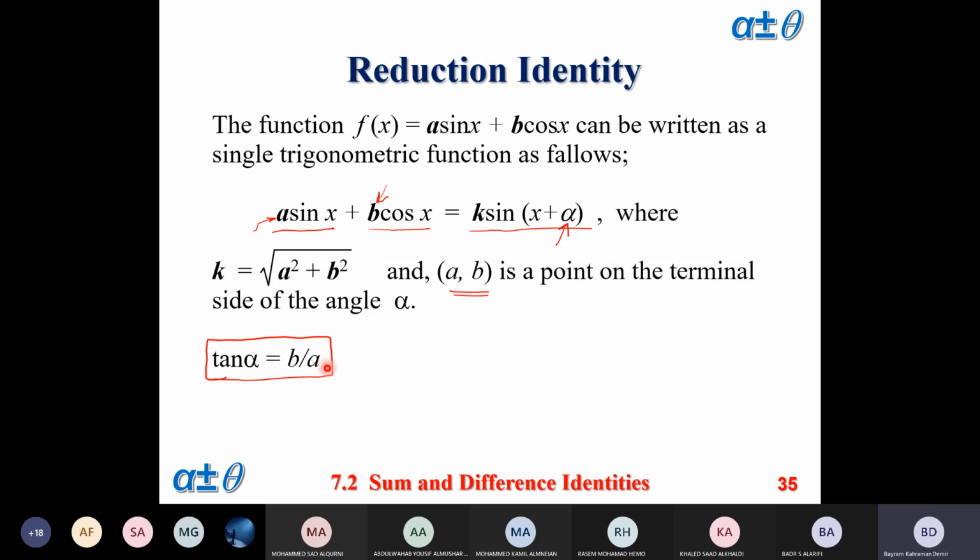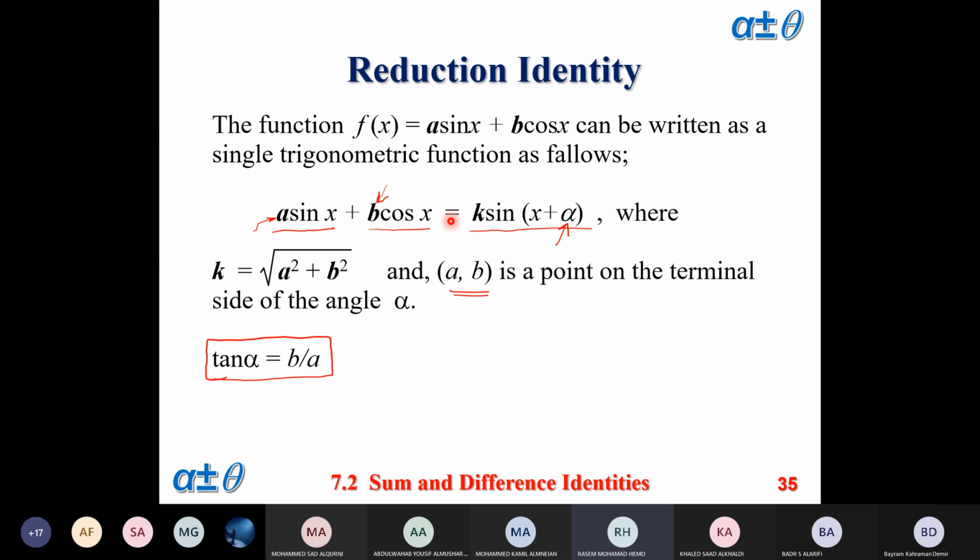Doctor, I have a question, please. Does x represent theta or a number? It's the angle, yes. What if the angle is not common in both sine and cosine?